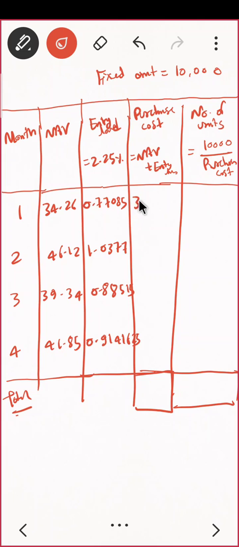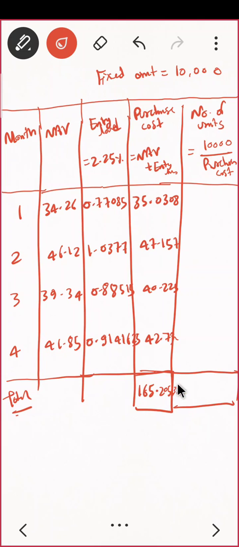Add them and find the number of units. The prices will be 35.0308, 47.157, 40.225 and 42.79, and if you add all of them you'll get 165.20532.